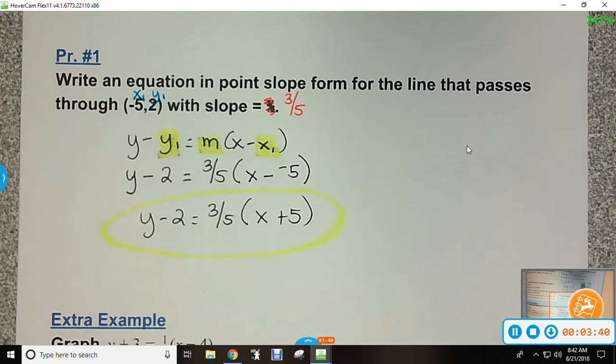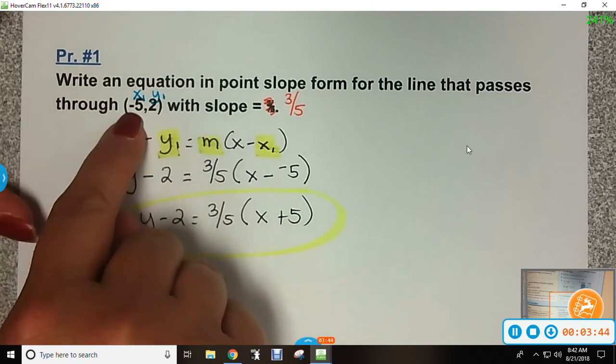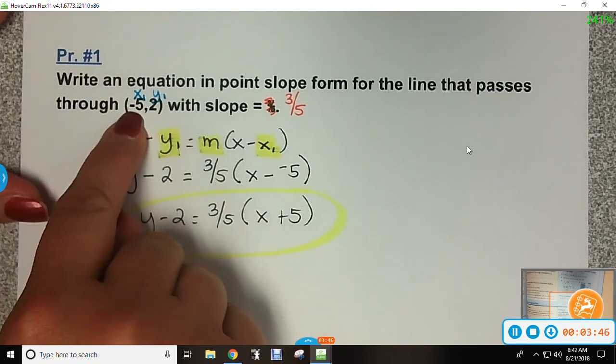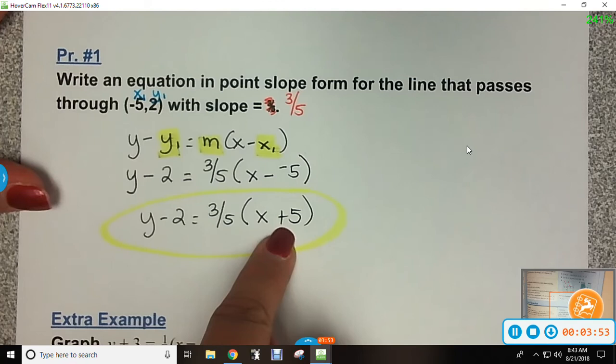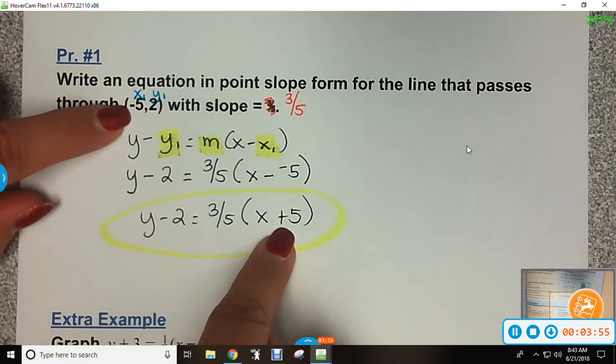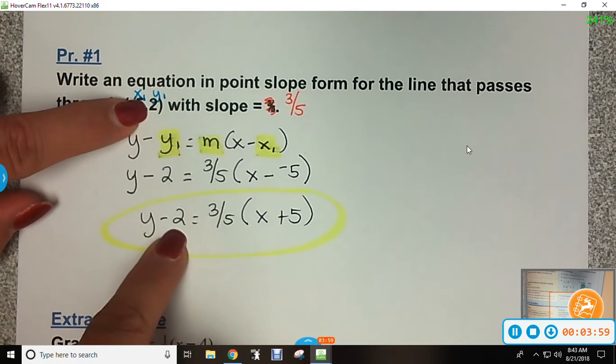Now, what I want you to notice here, take a look at your x and y. My x sub 1 in the ordered pair was a -5. After I finished simplifying my point-slope form, look, it's a +5. My y sub 1 is a +2. In the simplified form of my point-slope form, it looks like a -2.